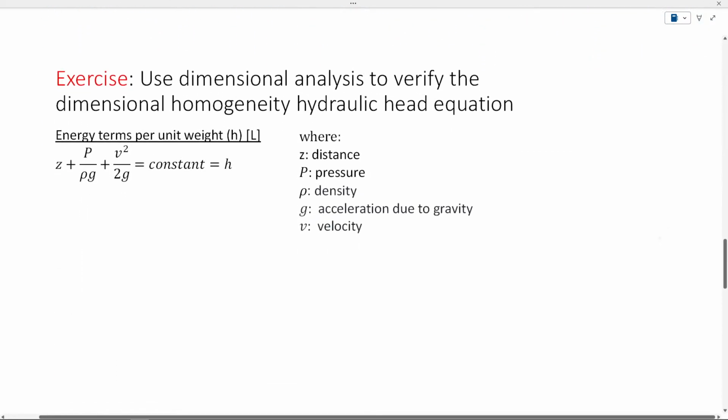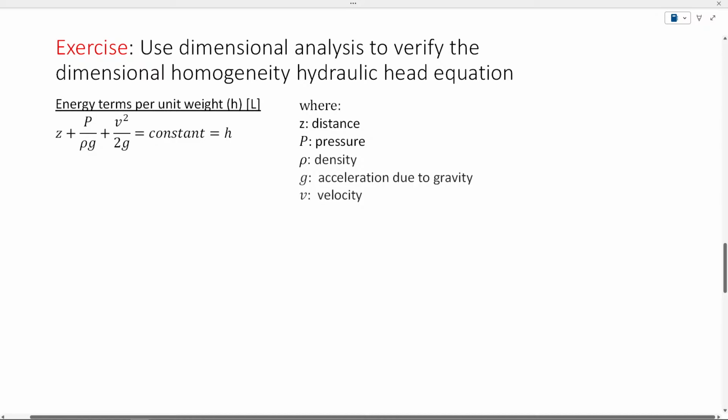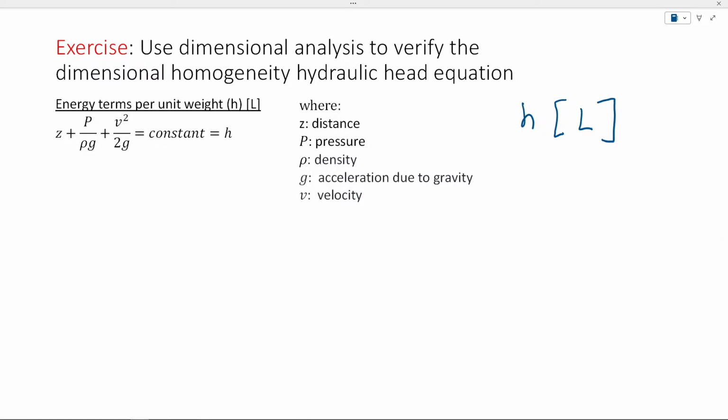Let's do an exercise. Use dimensional analysis to verify the dimensional homogeneity of hydraulic head equations. Remember the hydraulic head H, which we did in the previous lesson. Hydraulic head is energy per unit weight.